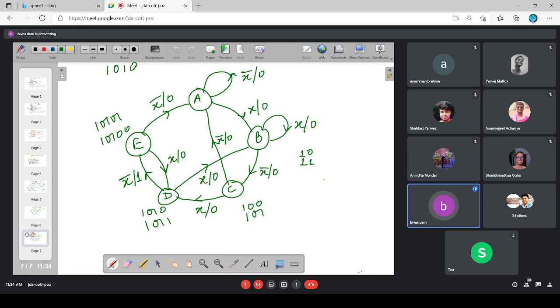There is no restriction that it can have only one input branch or 2 or 5 input branches. But regarding the output branches, it will always be 2 to the power n. Okay. Yes, sir.